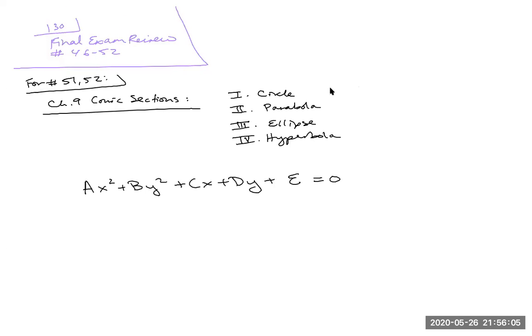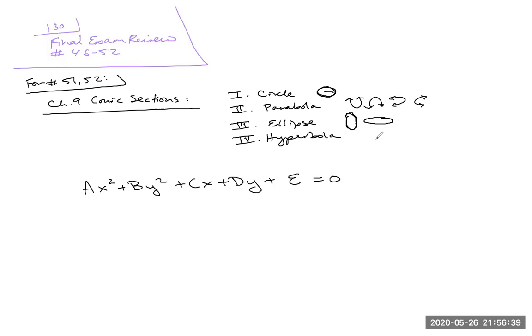Let's see if I can roughly draw these. For a circle, you have a center and a radius. I'm going to get into further detail with this, so don't worry about it yet. A parabola can open upward, downward, or be pointed to the left or to the right. An ellipse can have an egg shape that looks lengthy in the y direction or in the x direction.